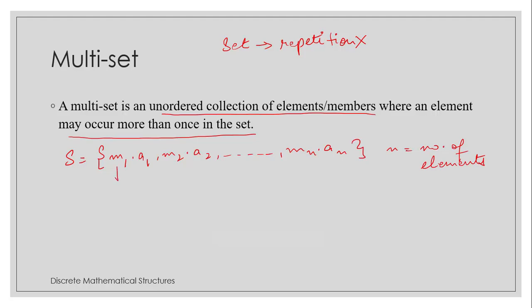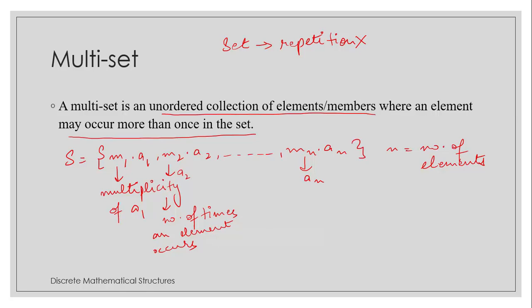Now here m1, m2, and so on to mn represent multiplicity of elements. m1 represents multiplicity of element a1, m2 represents multiplicity of element a2, and mn represents multiplicity of element an. Multiplicity means the number of times an element occurs in a set.